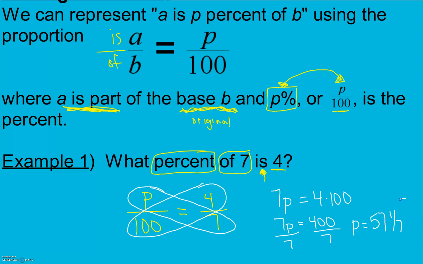And that's a percent. 57 and 1/7%. Okay, check. Does my answer make sense? Well, we know that 4 is a little more than half of 7, and 57% is a little bit more than 50%, half. So our answer seems to make sense here.